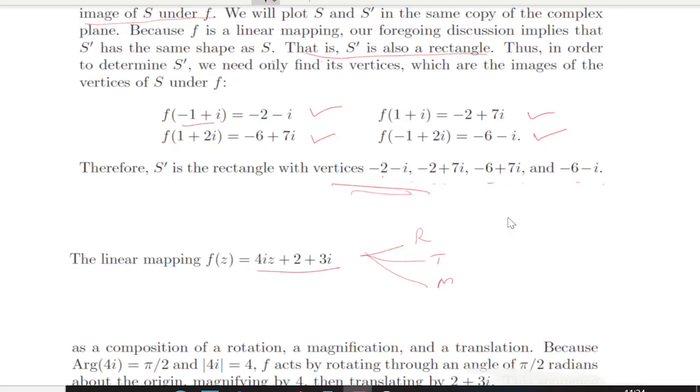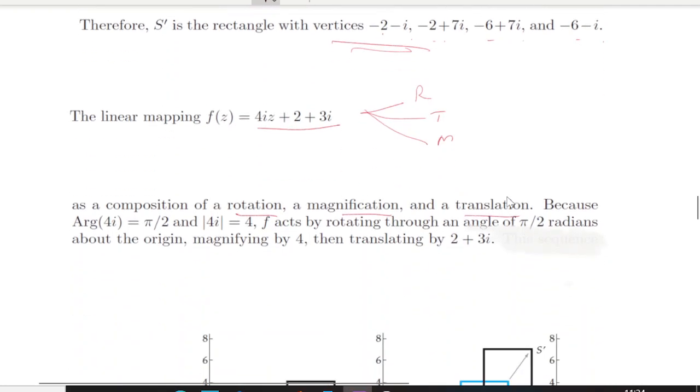This mapping is a combination of rotation, magnification and translation. First we find the argument of 4i. The argument of 4i is pi by 2 and the modulus of 4i is 4. So first we rotate through an angle of pi by 2 radian about the origin.